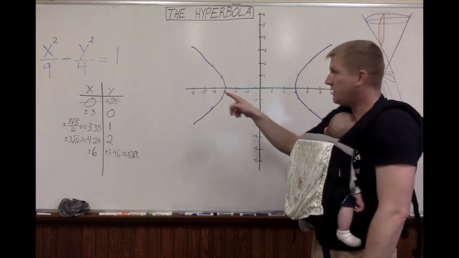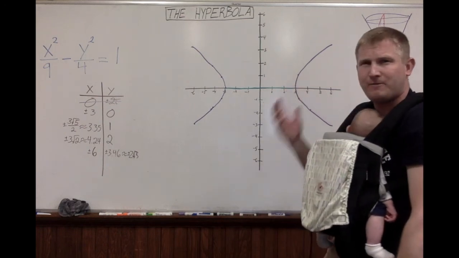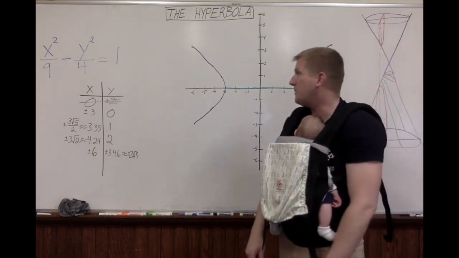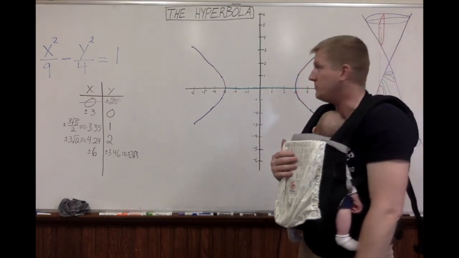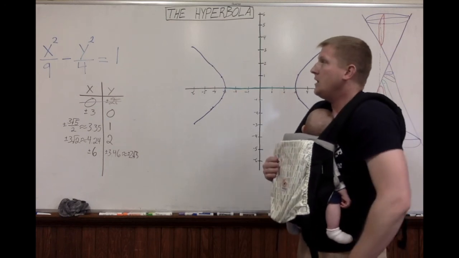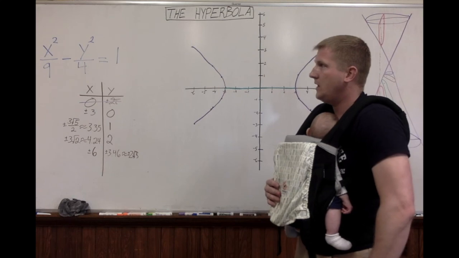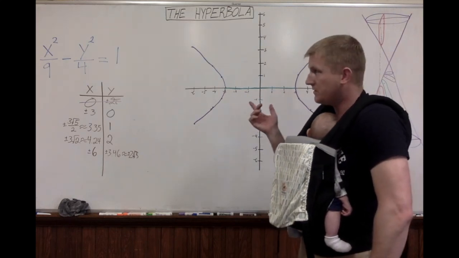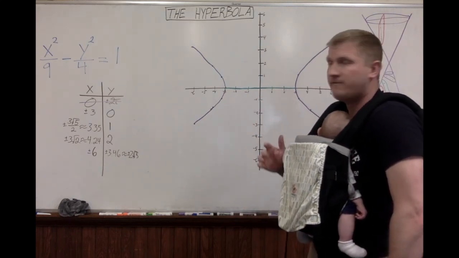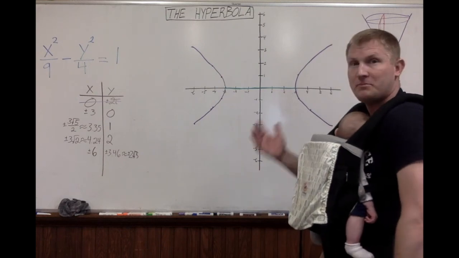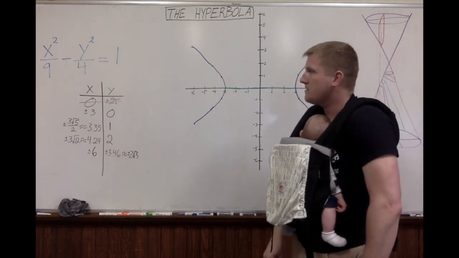So the square root of 9 seems to play a role, but why 4? The square root of 4 is 2, but I'm not seeing any 2's around here. So what role is that number playing? If that number was different, if it was bigger or smaller, what effect would it have on the shape of our hyperbola? That is a good question.